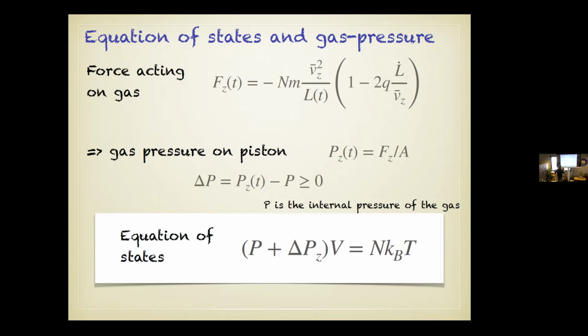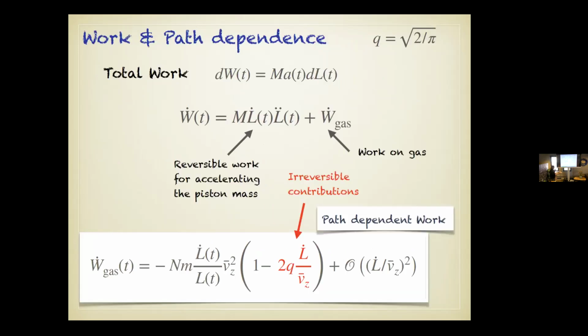And if we now say this is the force acting on the gas, then we know that the pressure is this force divided by the piston surface. And this allows us now, if we look back at this equation, this first part, we can multiply to the other side, and then this m vz square relates to the temperature.